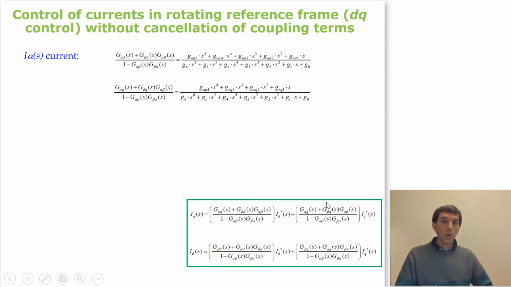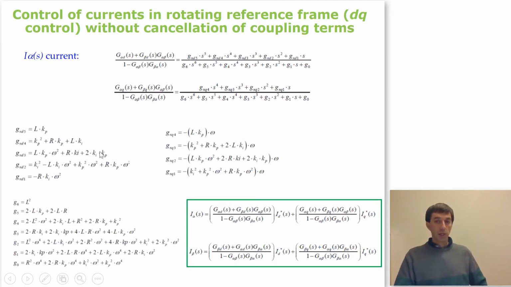If we analyze only alpha current, this first term here, and this second term multiplying the IQ here, we can obtain, by computer software, for instance MATLAB, using the symbolic toolbox, that both terms have the same denominator, which is here, order 6 in both. Therefore, we have 6 poles.